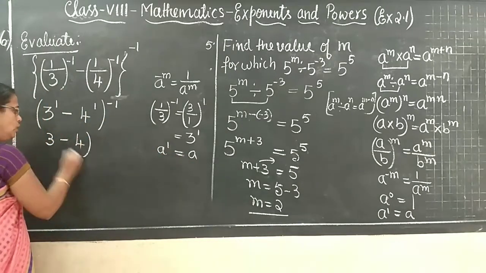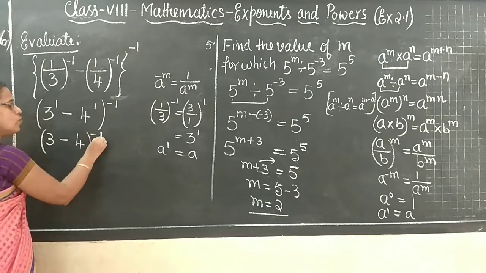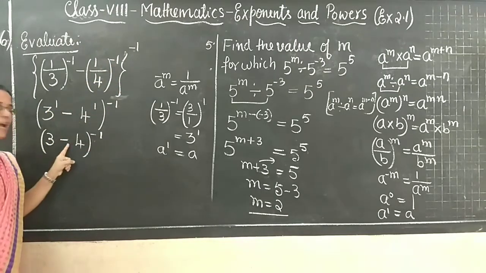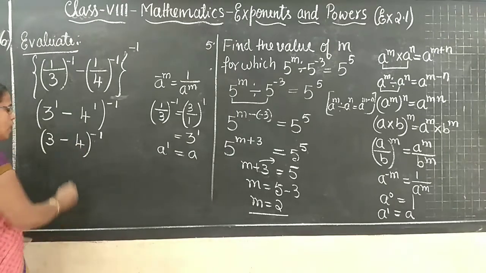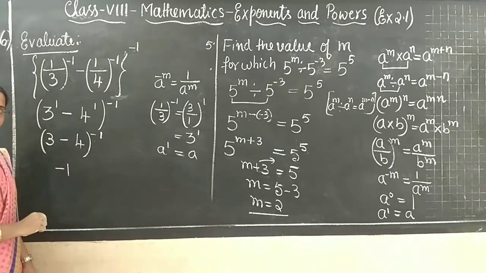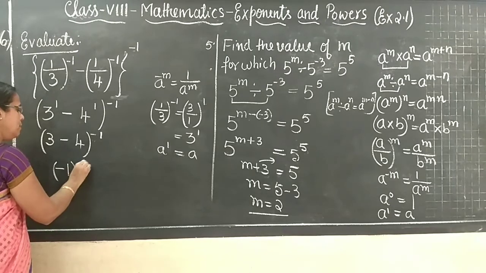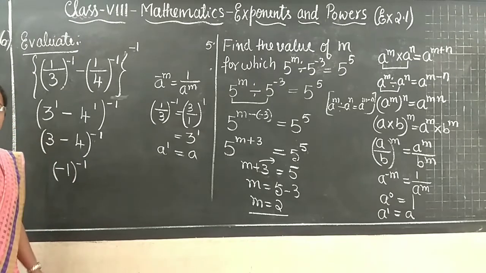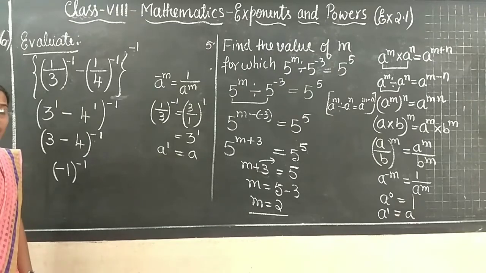Yes? Whole to the power minus 1. Outside, the power minus 1 is there, right? As it is. Now 3 minus 4. 3 minus 4 is how much? Minus 1, right? Whole to the power minus 1. Again here the power is negative. Base may be negative but power cannot be negative.